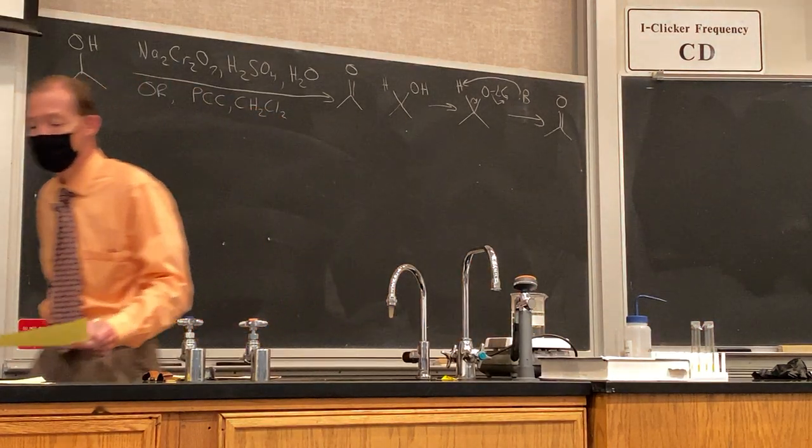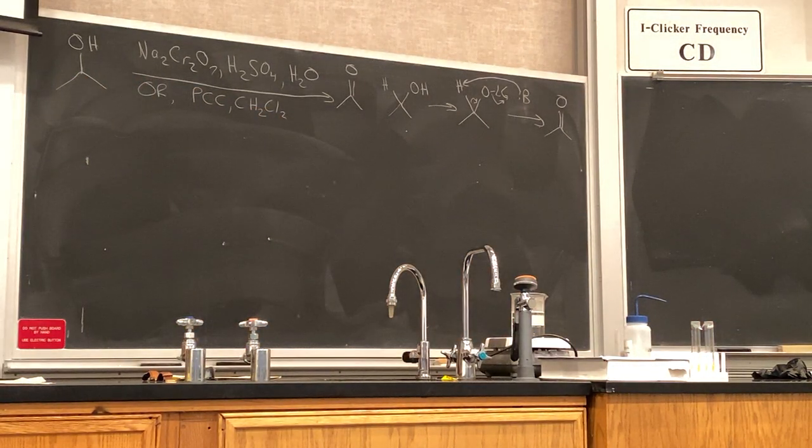Yes, Noah? Yeah, if you had a hydrogen here, then you'd have H minus as your leaving group if you were doing this. Okay, we don't use H minus as a leaving group. Enzymes can do it, as we'll see later on in class, but chemists using flasks cannot do it. We can't do it without using enzymes.